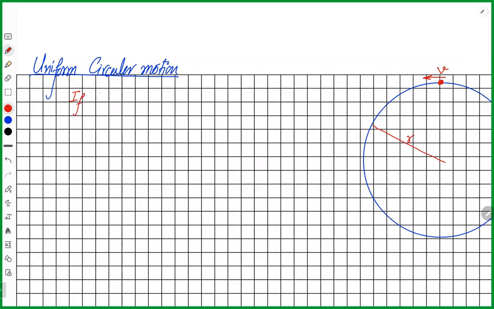If an object moves in a circular path repeatedly, it will have frequency and time period.